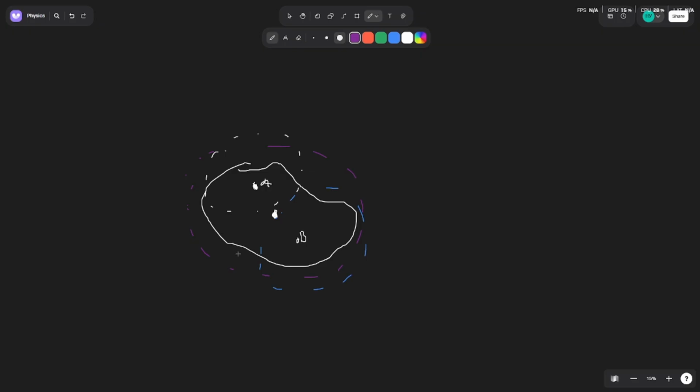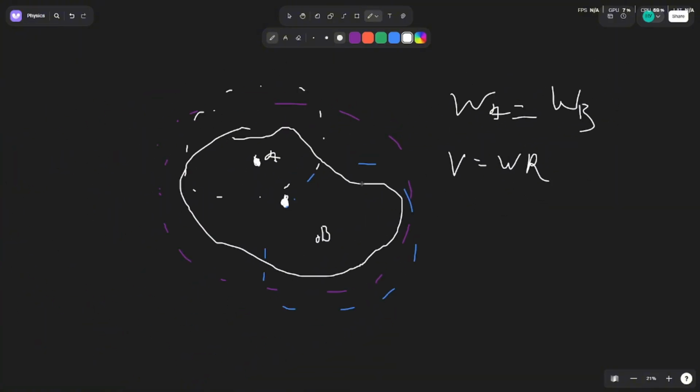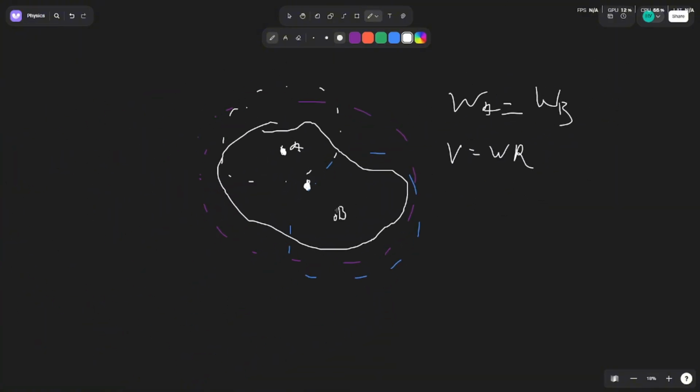So for a rigid body, every point of it rotates around one axis, but has an independent circle of rotation, and therefore the same angular velocity. So the angular velocity of point A is equal to the angular velocity of point B. But the linear velocity is different, because linear velocity equals angular velocity times radius, while the radius is not always the same.